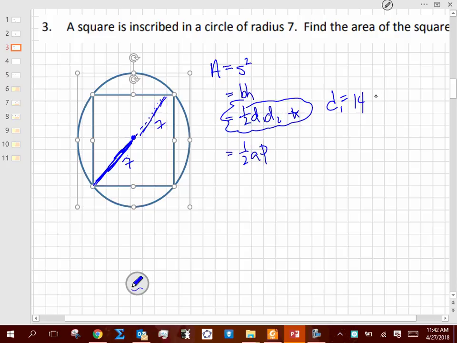Okay. So D1 and D2 are both 14. So then I take 1/2 times 14 times 14. Good. Okay, so 7 times 14. Or I take 196, because that's what 14 squared is, right? And then multiply that by 1/2. Personally, I think I see that a little bit better. 98, right? Okay.